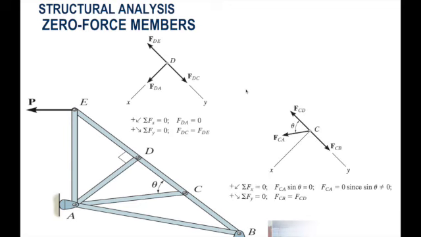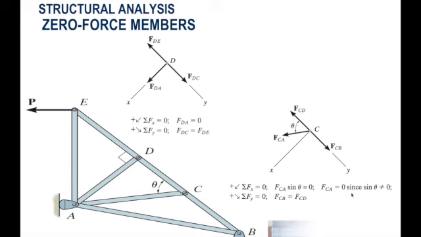What else? Okay, joint C. What happened to joint C? Joint C can also be defined as such a joint that we are looking for, composed of three members, two of which are collinear. So if you do summation of forces in X, FCA sin theta is equal to 0.